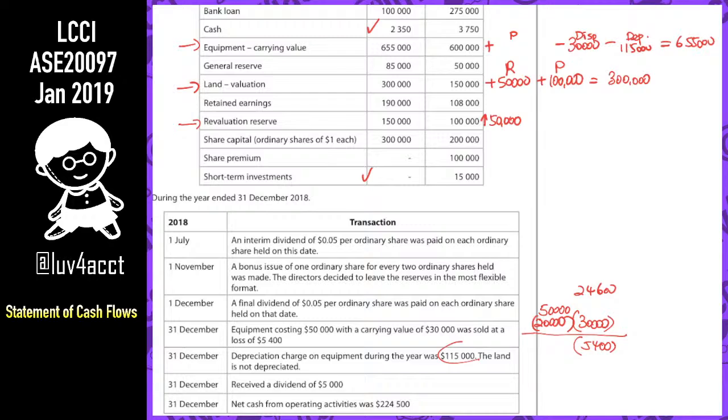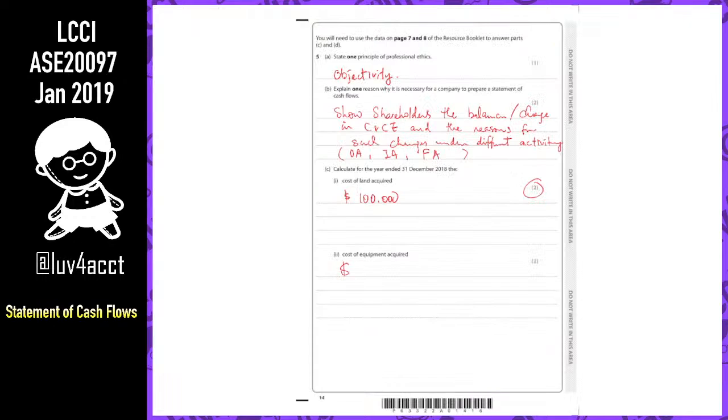Okay, 600 minus 30 minus 115, it will be 200,000 purchases. So here 200.